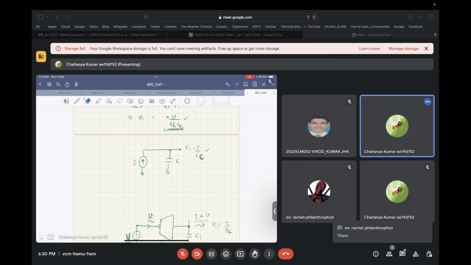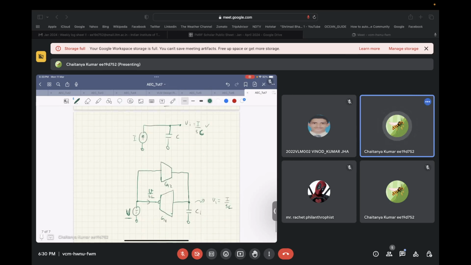So we need this kind of arrangement. Let's call the value of this transconductance G2. Now, no current can flow in this case, because a transconductor is basically a voltage controlled current source, and the property of a voltage controlled current source is that it has infinite input impedance.